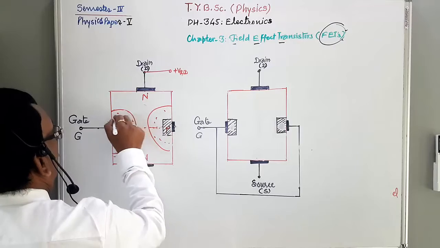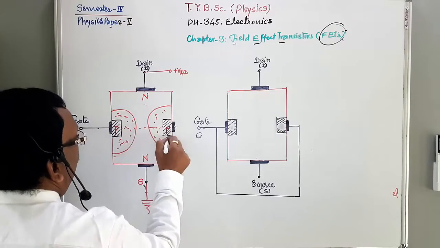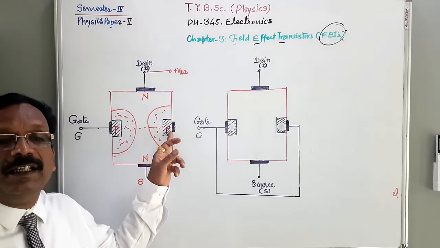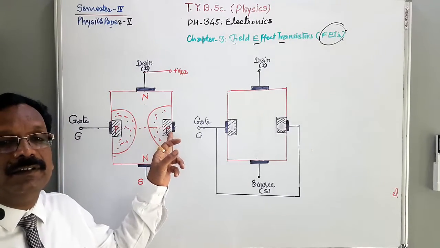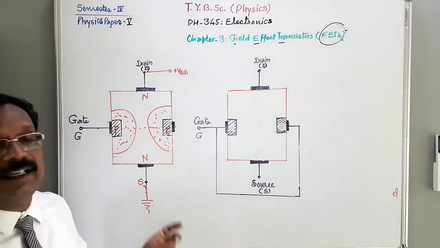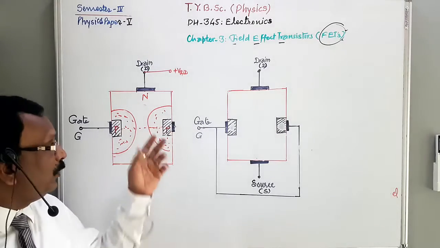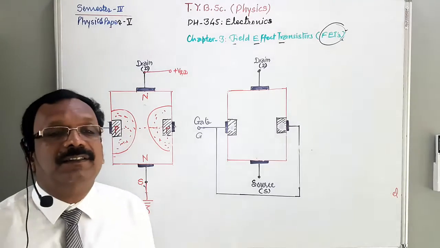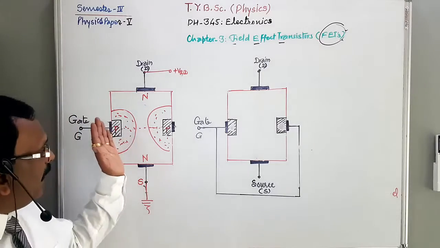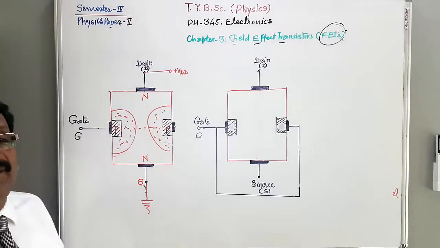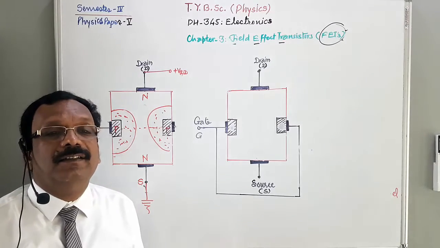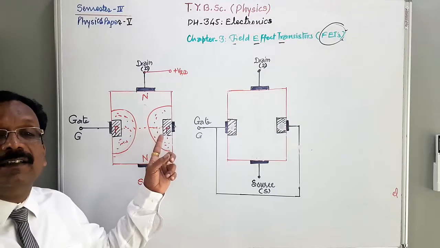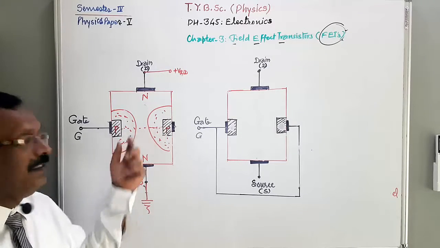This is the lightly doped N channel, and these are the heavily doped P regions. So the depletion region extends deeply into the N type.